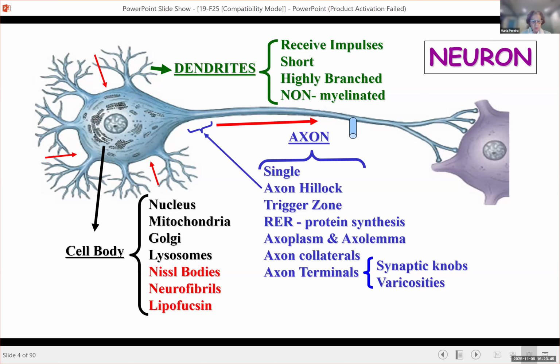These are Nissl bodies. What are Nissl bodies? So Nissl bodies are shown here. They're almost like rough ER. So they're areas within the cell body of the neuron where there's lots of ribosomes and lots of protein synthesis going on. So these aggregates or formations of ribosomes with the ER are known as Nissl bodies.